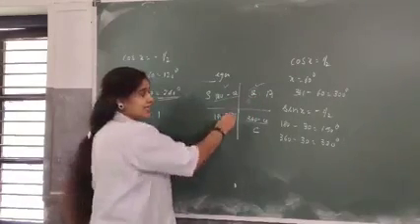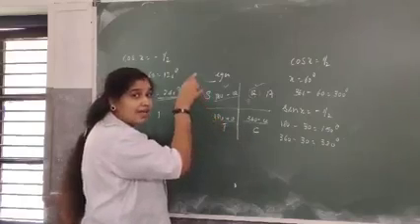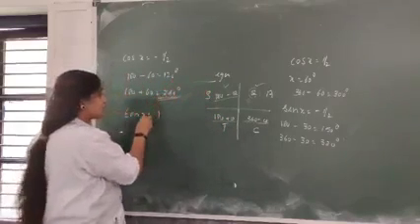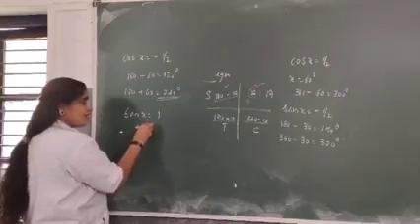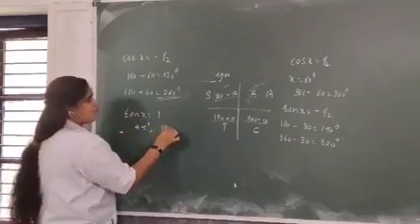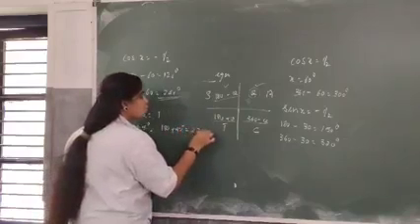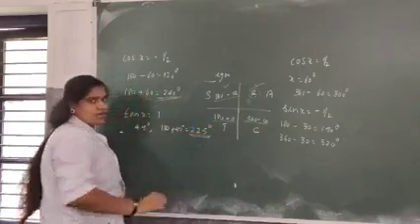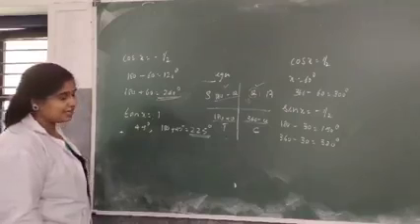Then our solutions are theta and 180 plus theta. What is theta? The angle from the table. Tan of which angle is 1 from the table? 45. The principal solutions are 45 degrees and 180 plus 45, that is 225 degrees. Is it okay? Clear?